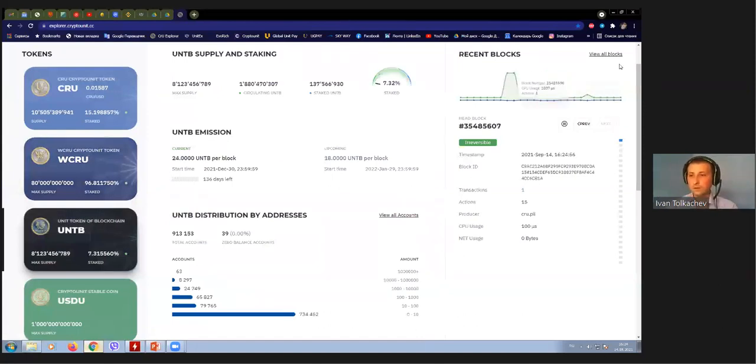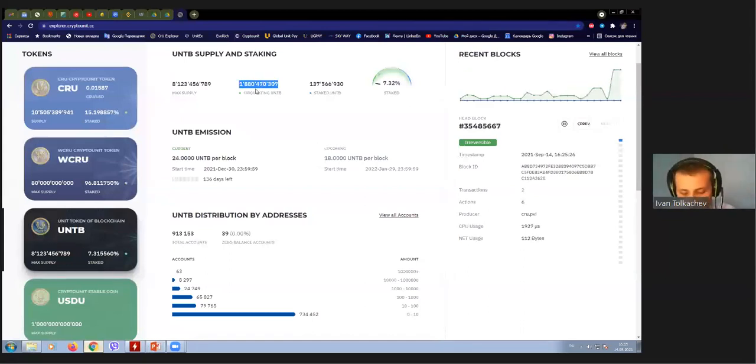UNTB is the platform's token. It's the token that is produced after or in the process of the verification of transactions on the blockchain. It has also a limited issue of 8.1 billion, and the tokens will be issued for 10 years, the issuance duration.